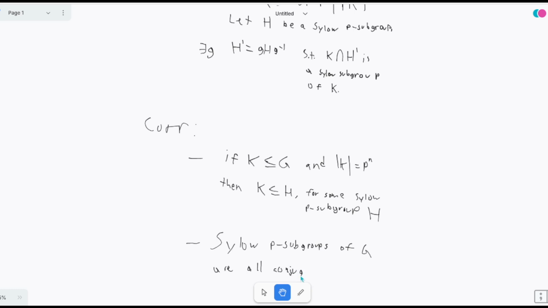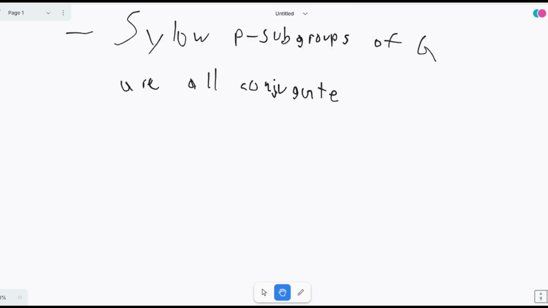So we might have several Sylow p subgroups, right? Like if we have a group of order 12, then we might have many subgroups of order 4, which would be the Sylow 2 subgroups of the group. But we know that all of them are conjugate.